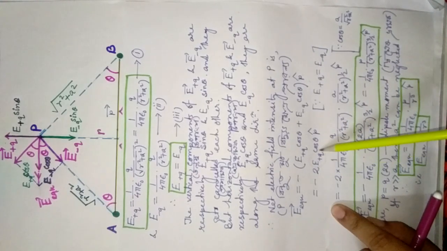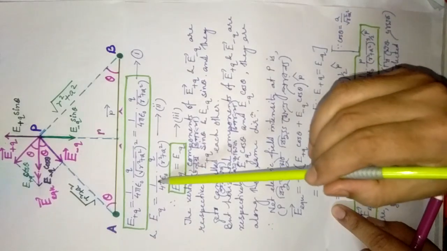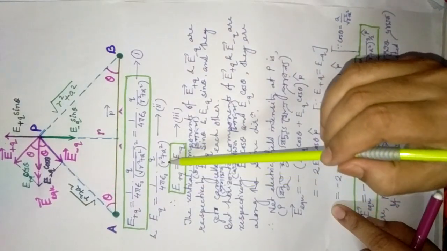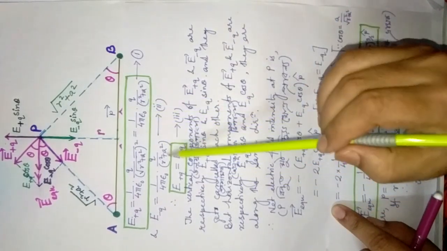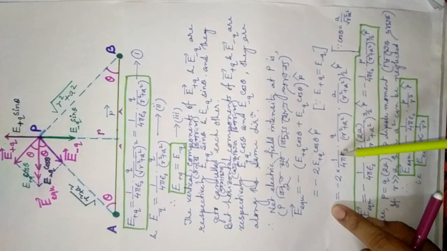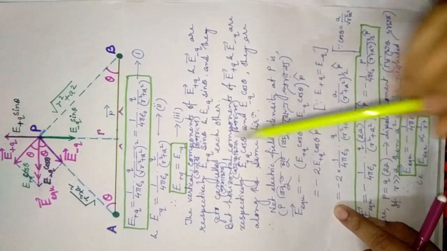But E₊q means what? Already I have written 1 by 4πε₀ q by (r² + a²). Again, cos θ, you see the diagram.